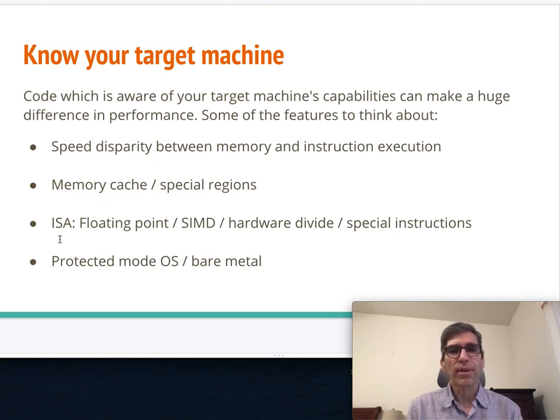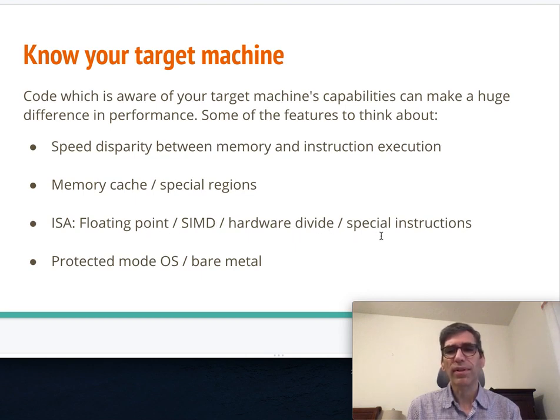Other things to think about are the instruction set architecture. Do you have hardware floating point instructions, and are you using floating point math? Do you have single instruction multiple data instructions or not? Do you have a hardware divider, which is really a recent invention in CPUs, and other special instructions that are usually accessible by intrinsics? Some of these can save considerable work.